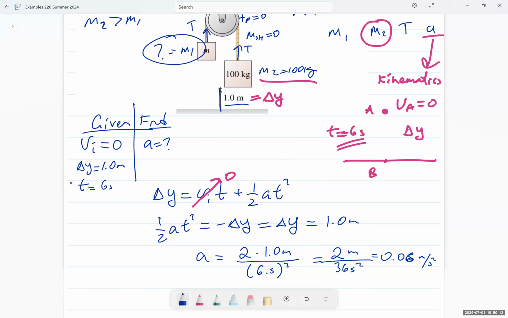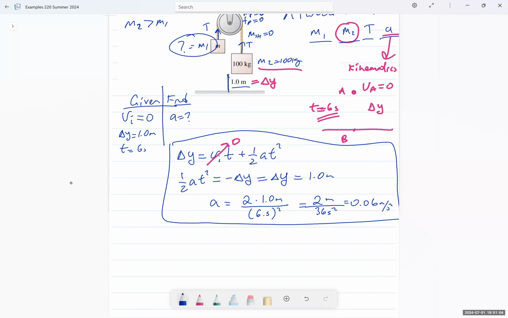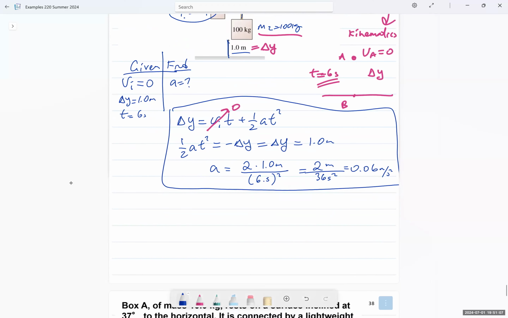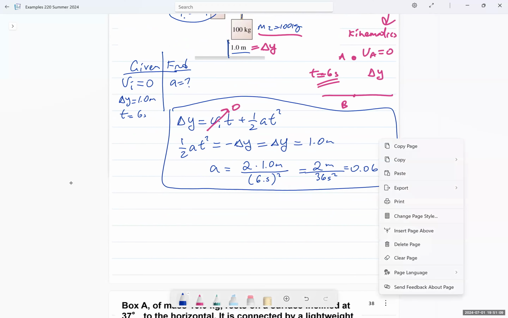All right, so now that I have acceleration, I can go back and look at this from the dynamics point of view.